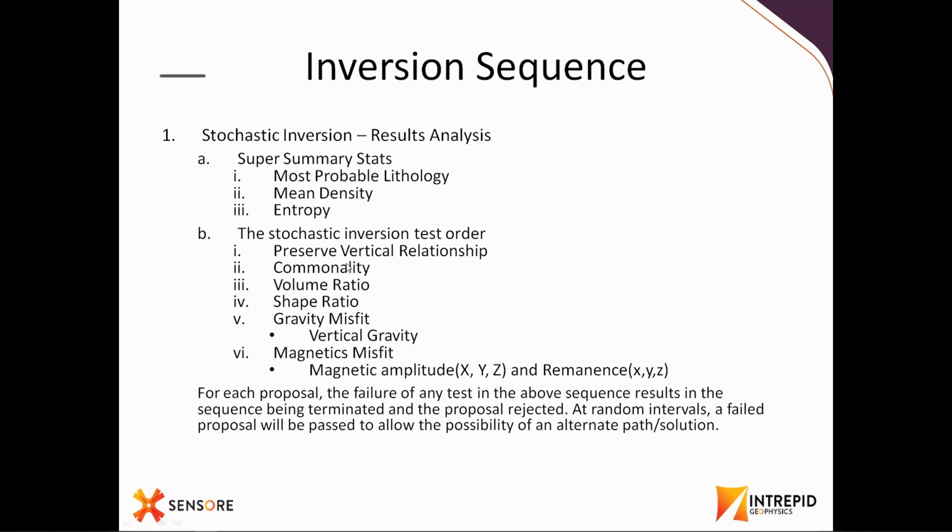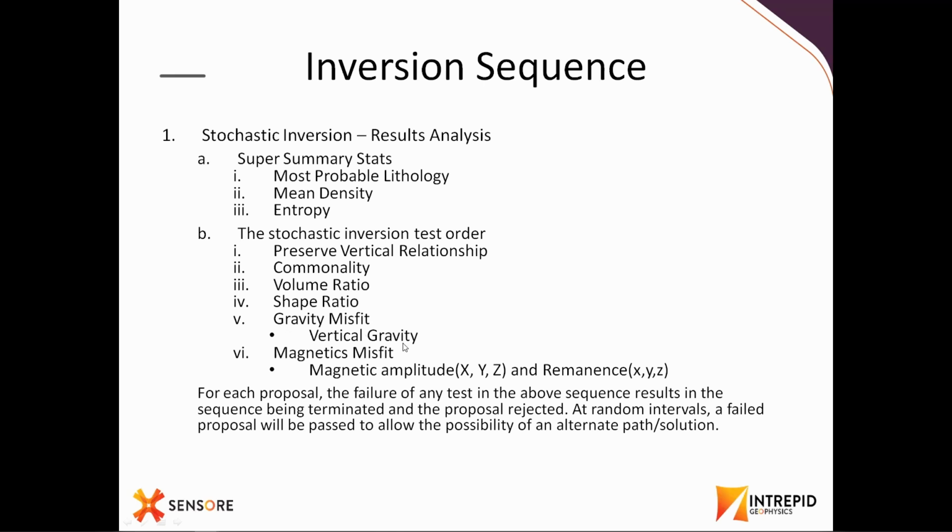Then we set the commonality test that allows us to not vary our formation from its shape. It allows us to keep our shape common as we created during our starting model. Volume ratio allows us to restrict the change in the volume of the formation. Shape ratio allows us to restrict the smoothness of the surface of the formation.